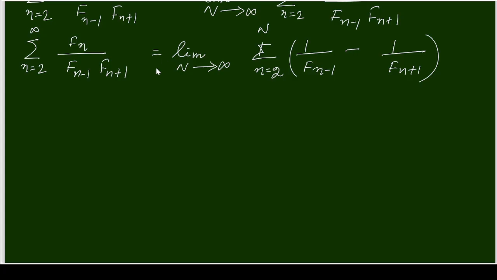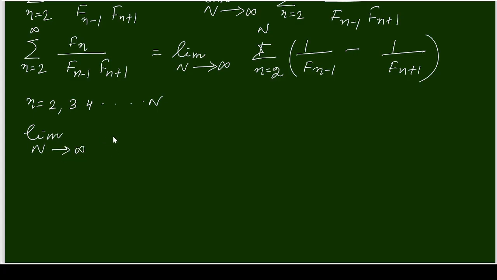Next I will put n equals 2. We'll start from n equals 2, n equals 3, 4 up to n. The values will be limit n tends to infinity.